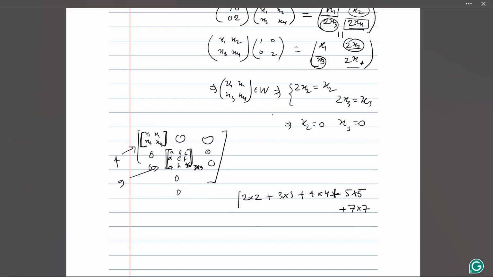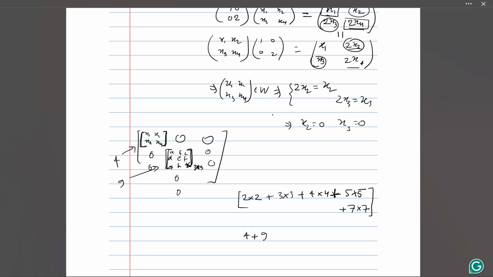These variables you are getting inside W. All others are getting 0 because of this condition AB equal to BA.